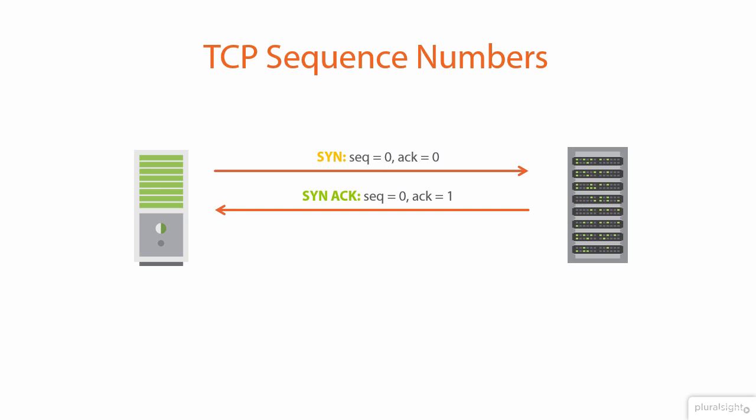Now it's 1 because it's taken the first host's sequence number, which was 0, and has incremented it by 1. So this is effectively the second host confirming that it received, understood, and recognized the sequence number of the first host. Now finally, the first host responds by sending an ACK to the second host, acknowledging its starting sequence number and adding 1 to its own initial sequence number, which completes the three-way handshake.